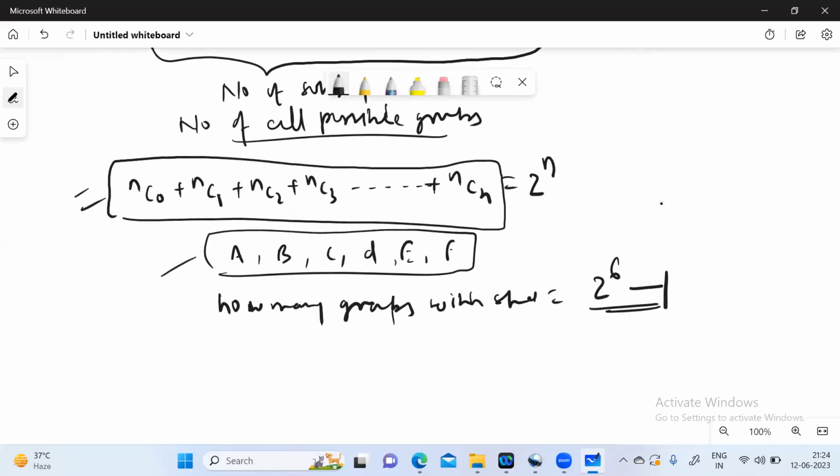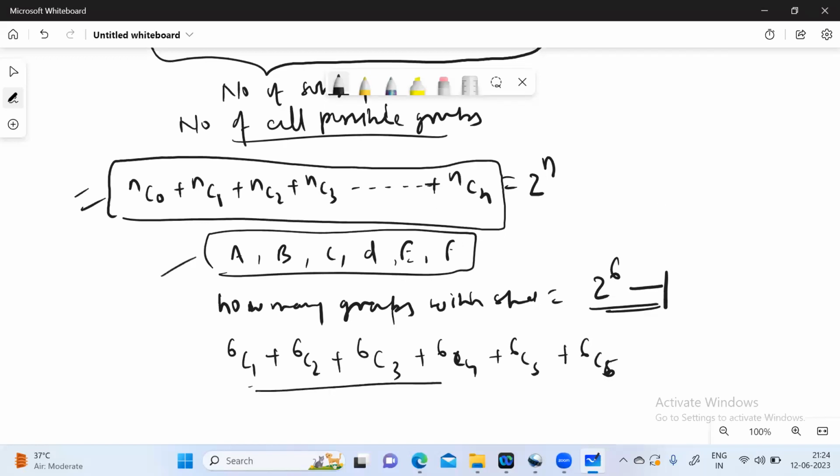So what you need to calculate is 6C1 plus 6C2 and so on, because a group must have a member, so it should start with 1 only, up to 6C4, 6C5 plus 6C6. This should be the total number of groups.